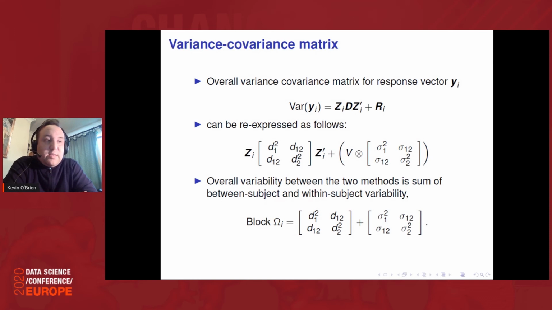Now, this is the key thing about the criteria. Do both methods have the same level of variance? So what we would do is look at the diagonals of the two matrices in the middle there, D1 squared and D2 squared, sigma 1 squared and sigma 2 squared. Essentially the question to be asked is, are they equal to each other?